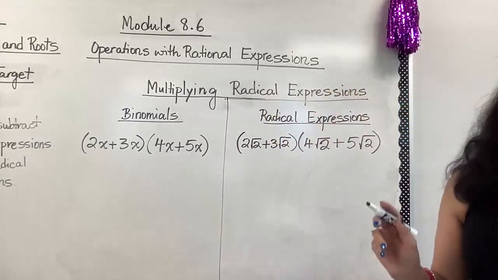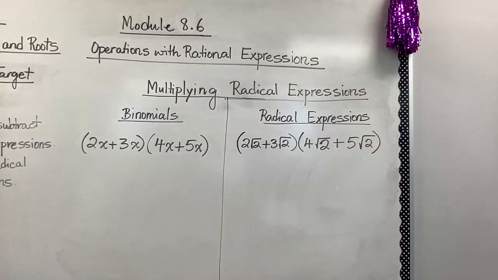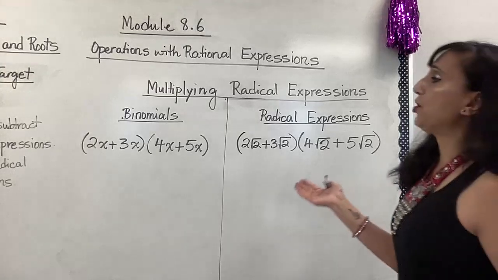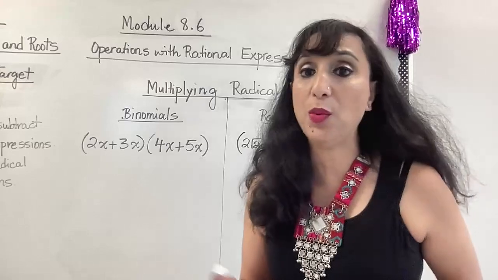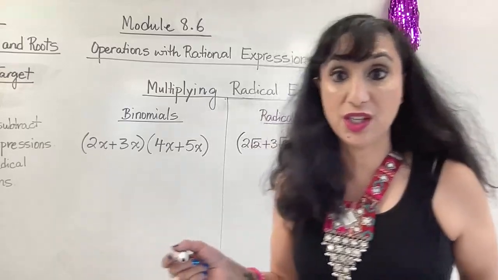Now, we can use the distributive property, and that is basically we are multiplying each radical expression the same way, and we are multiplying with more than one term in each factor. So I'm going to show you the distributive property, but I'm also going to show you the FOIL method, which we have learned in competitions, okay?